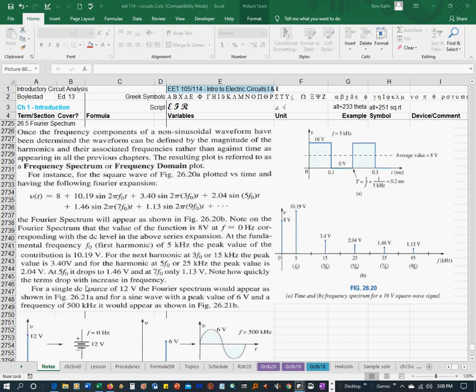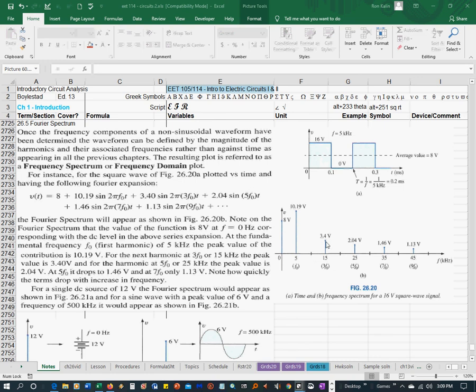Note how quickly the terms drop with increasing frequency. That's very typical. Even the power in your wall has harmonics in it. It's not just 60 hertz. If the fundamental frequency of the power in your wall is 60, the third harmonic would be 180, the fifth 300, and the seventh 420 hertz.